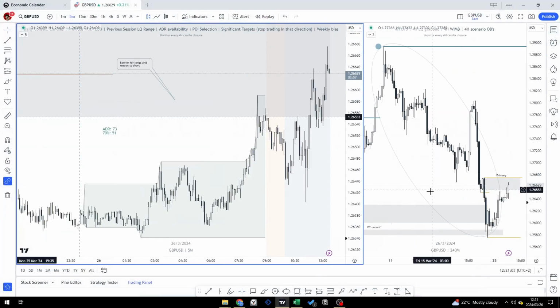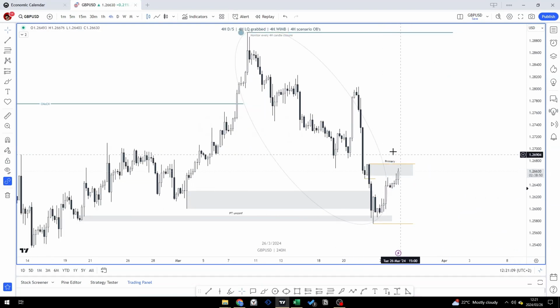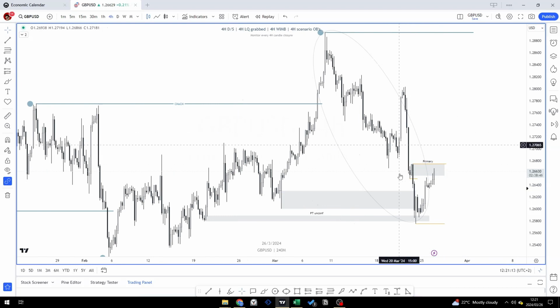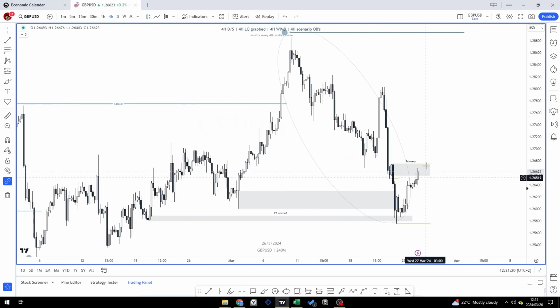So from a GBPUSD perspective, nothing too much has changed. From a 4H perspective, we've reached deeper into this unconfirmed. Remember, we're in an unconfirmed scenario, and we've reached deeper into the pro-trend previously confirmed primary leg OB right here.